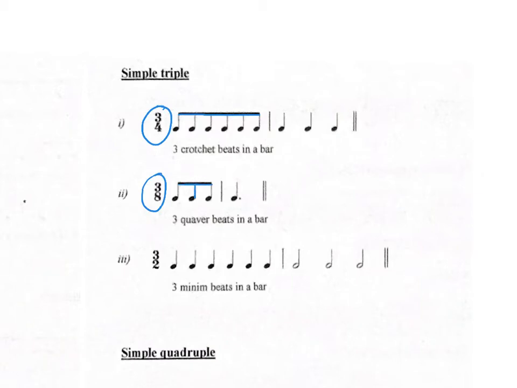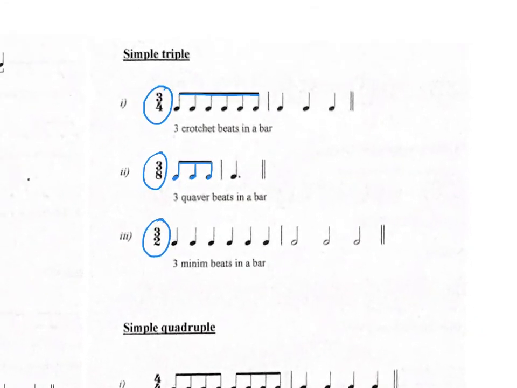It is not compound time because it feels just like 3/4, and there's no real difference between 3/8 and 3/4 except how it's notated. And then 3/2 is also simple triple time. Obviously crotchets are not beamed together, but certainly each minim is its own group like that.